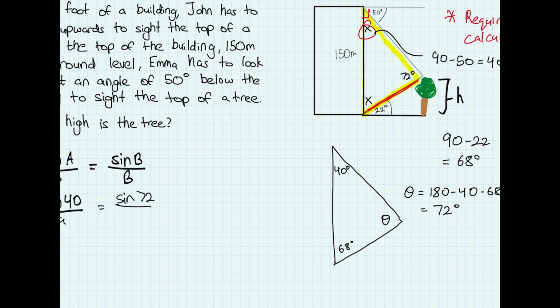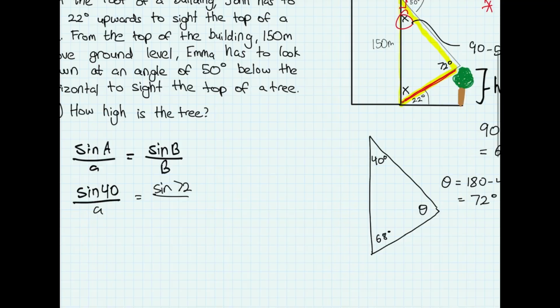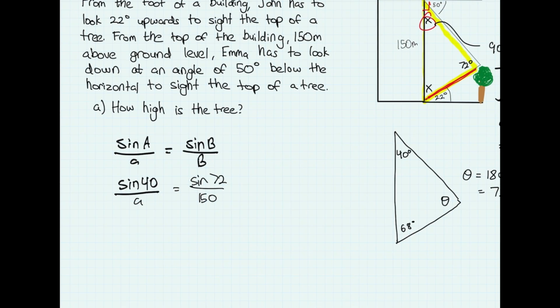And the opposite to that will be the 150 meter length, divided by 150. And so with this information, we can solve for A. So sine 40 is 0.643, divided by A, is equal to sine 72 divided by 150, which is 0.006.